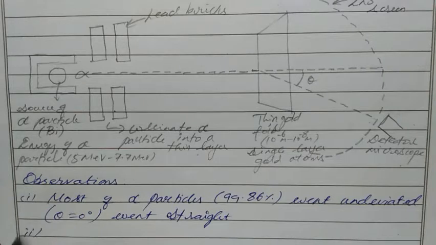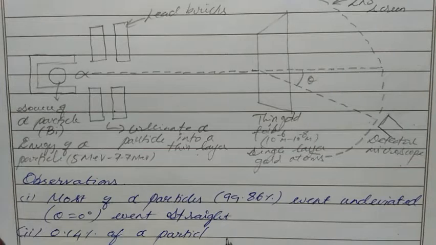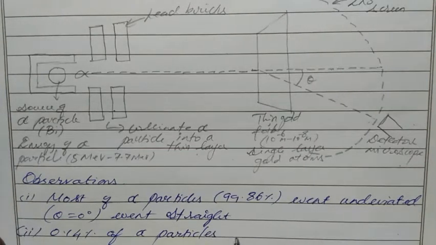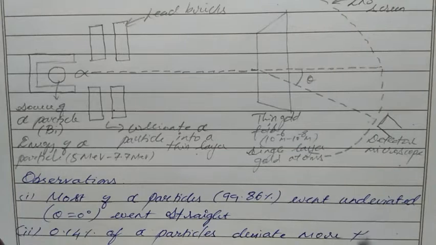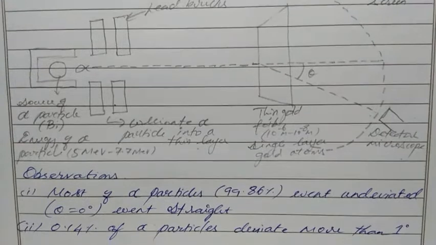Then the second observation: 0.14% of alpha particles deviate more than 1 degree. Only 0.14% of particles deviate more than 1 degree.